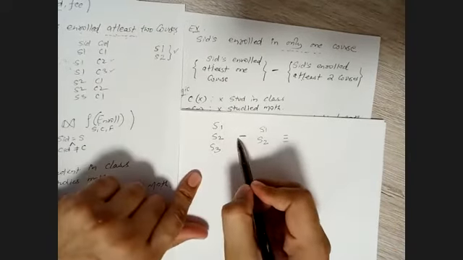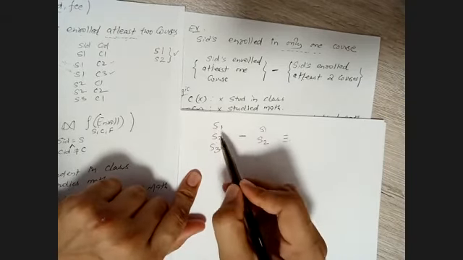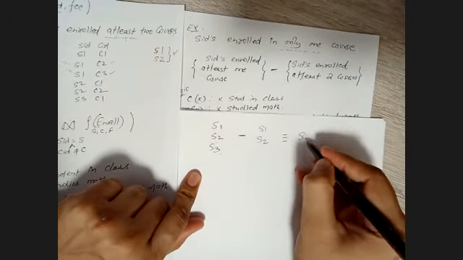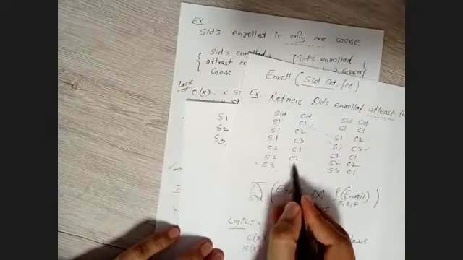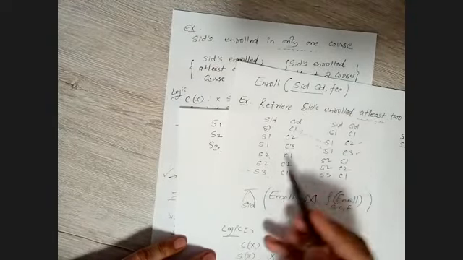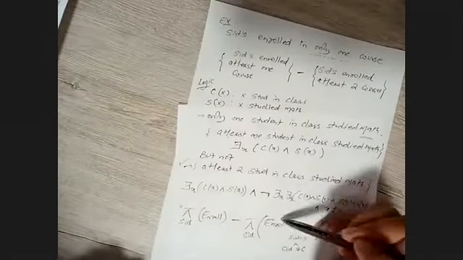A difference B: elements of A which are present here but not here. That is S3. And this is the result that we have calculated here. S3 should be there, which is enrolled in only one course. Hence, it validates that the query is this one, and the logic followed is this one.